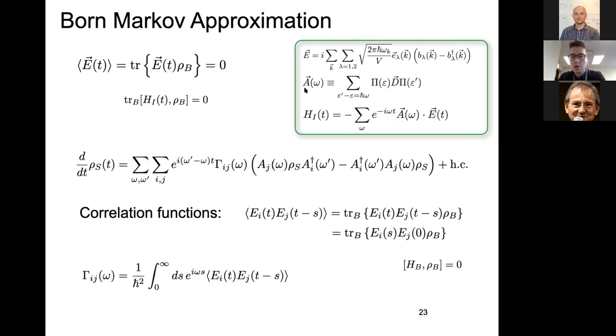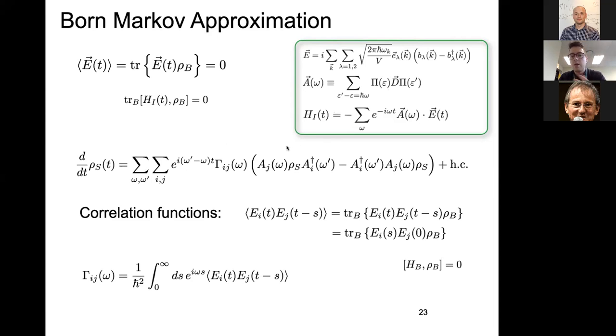Also to mention that in this expression, the sum, which is taken over i and j, sums over each of the Cartesian components of the dipole operator and the electric field, or the dipole vector and the electric field vector. So we're basically saying that these are 3-dimensional vectors, and we're summing over each of their components in this expression.